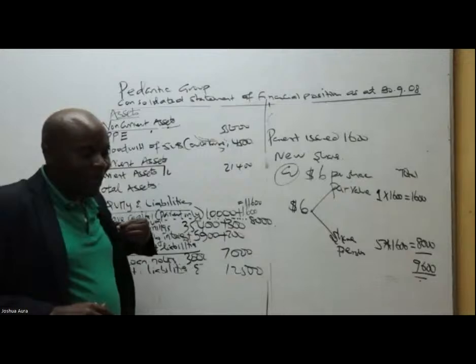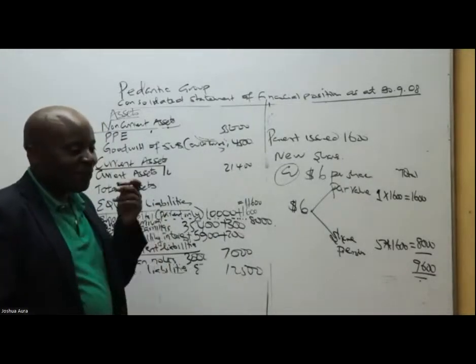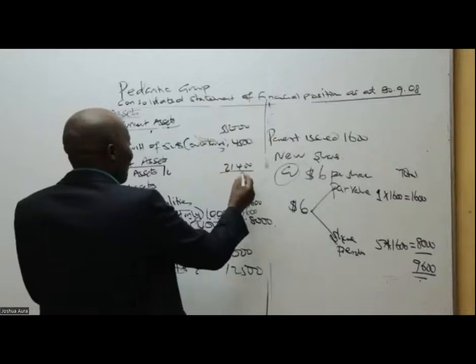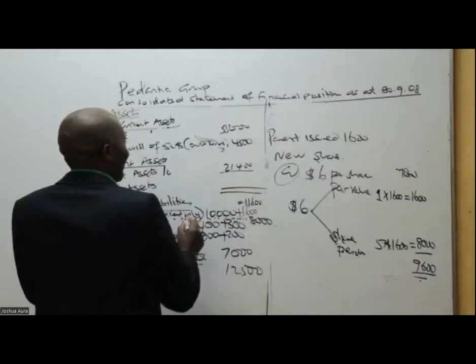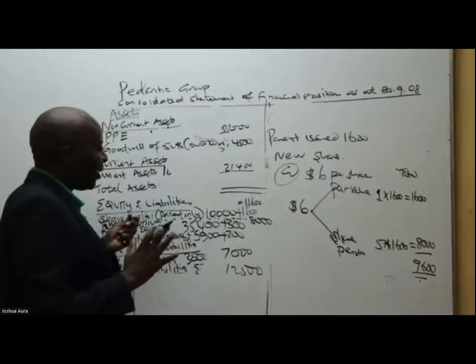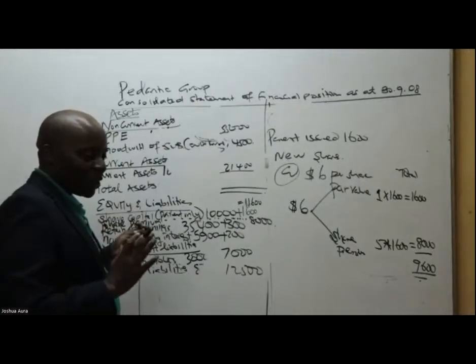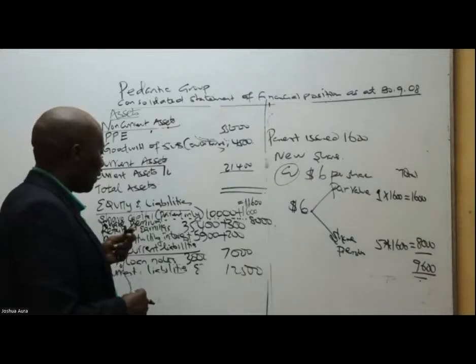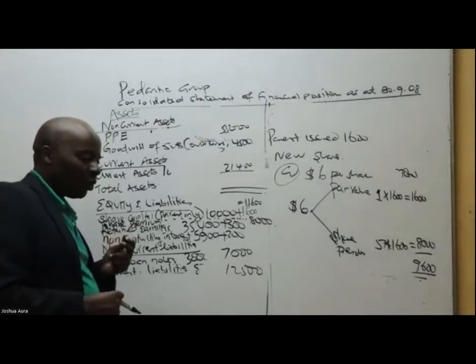So then I would want you guys to kindly give me the total assets of the company. Please add for me. My figures are not so nice. Is there somebody who can do that?